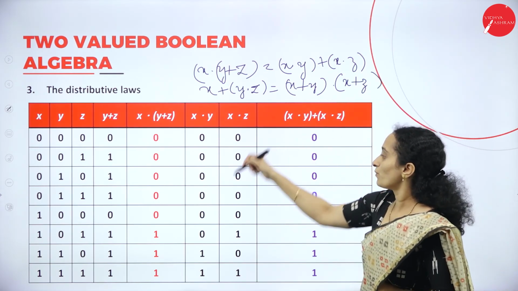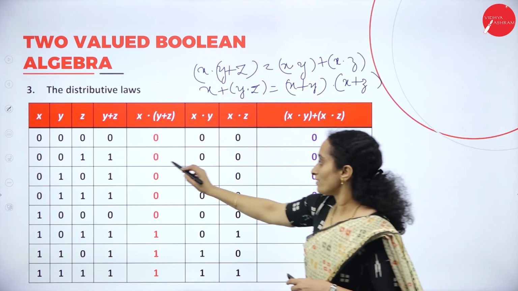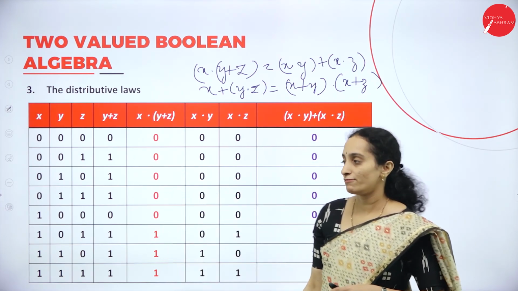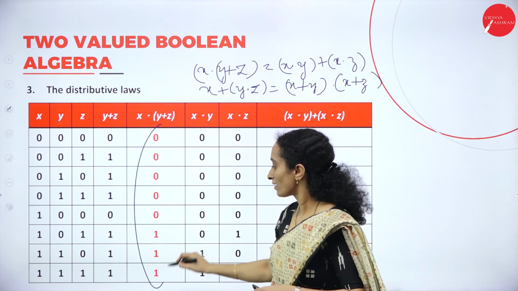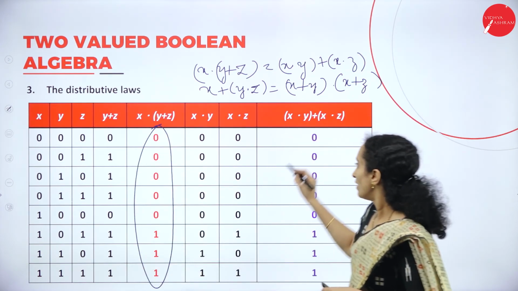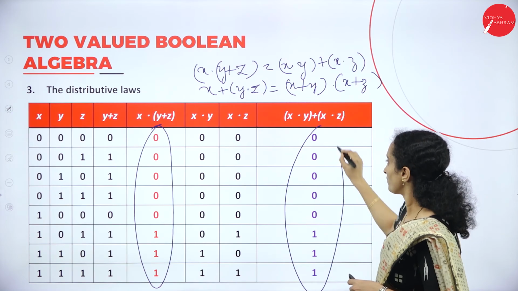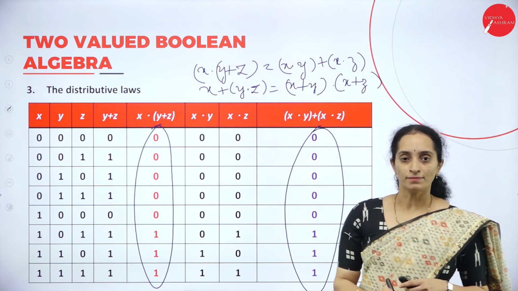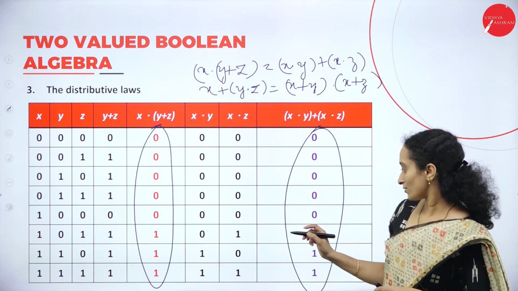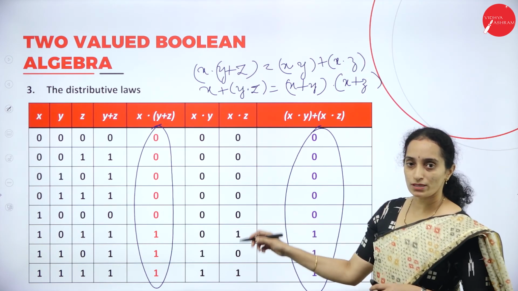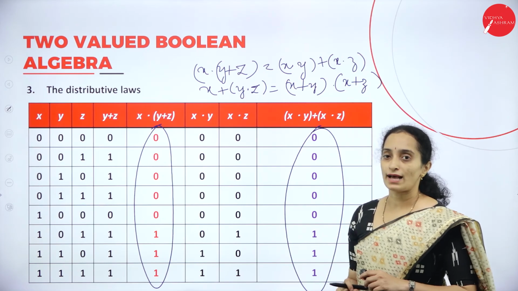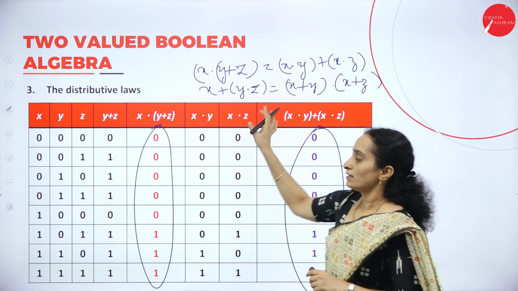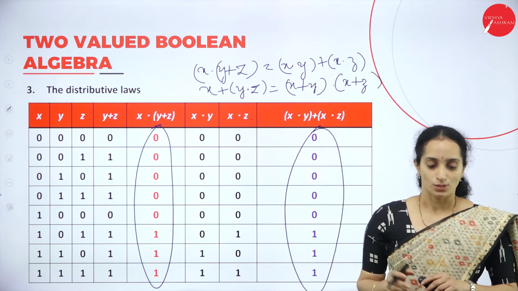You can check for both expressions. You can observe here, if you calculate these values, both the values are equal. Is it not? Values in both truth tables are equal. That is why the distributive law holds good.